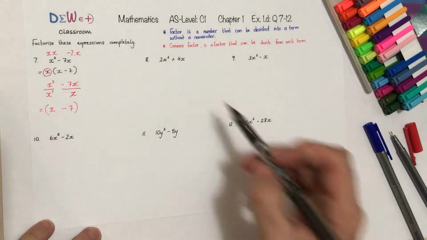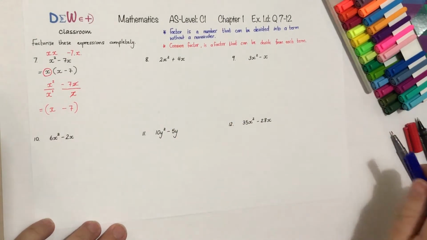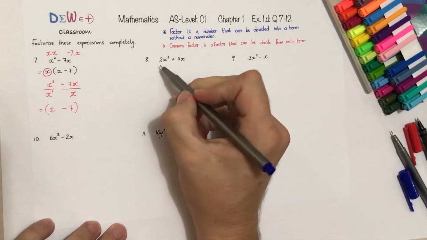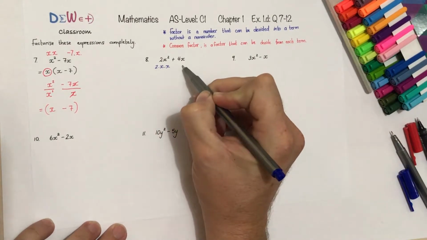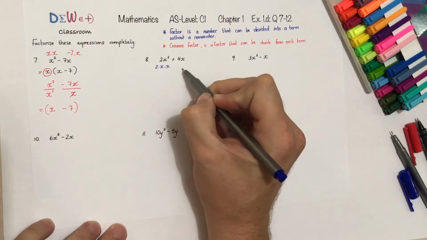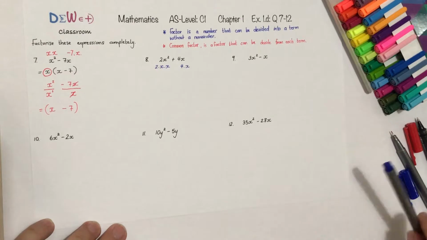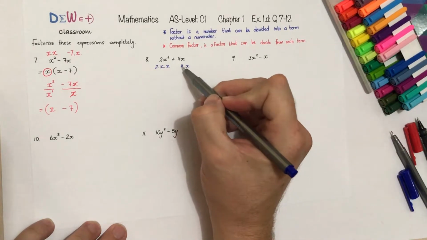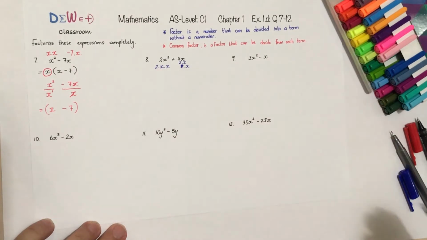We then move over to question number 8. In this case, once again, we have 2 multiplied by x for term 1, and for term 2 we have 4 multiplied by x. So now the 4 can be written as 2 multiplied by 2.